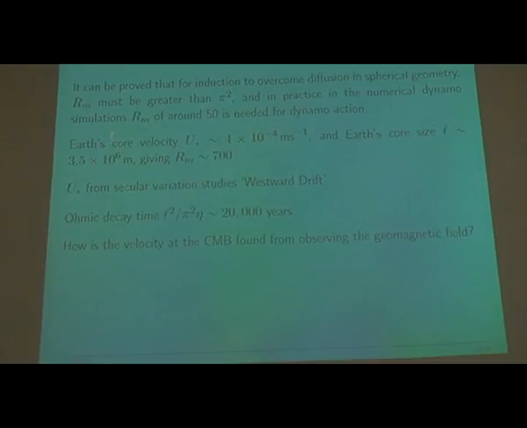And if you look at what the Earth's core velocity is and the Earth's core size, you end up with an Rm of about 700. You might ask me, how do I know what the Earth's core velocity is? Well, I'll come on to that in the next slide.